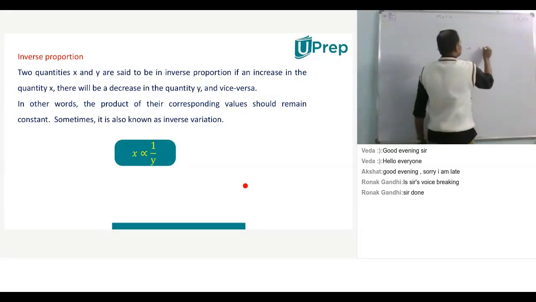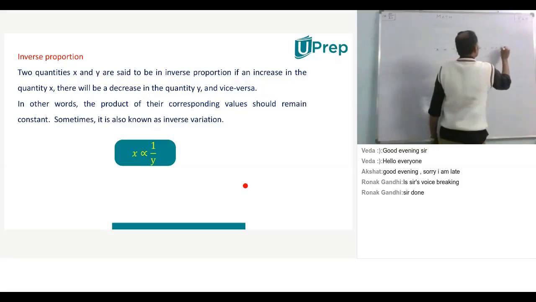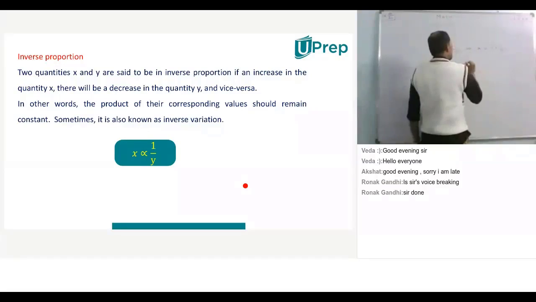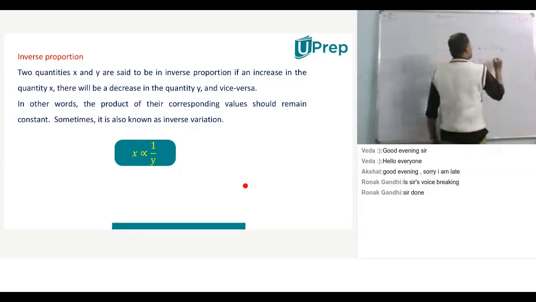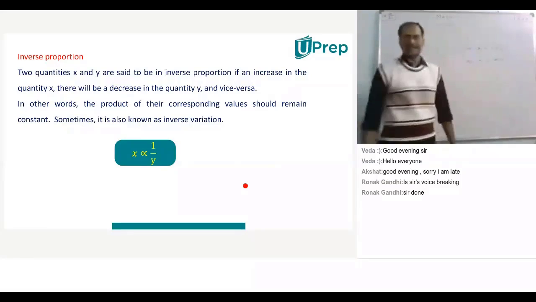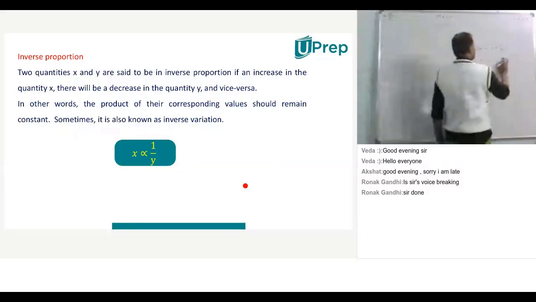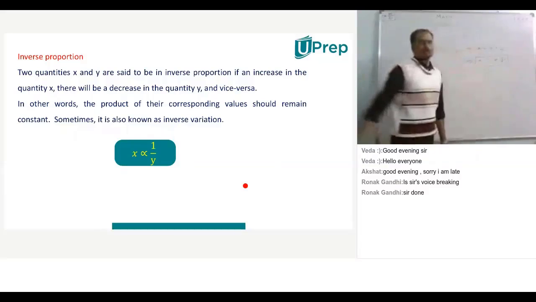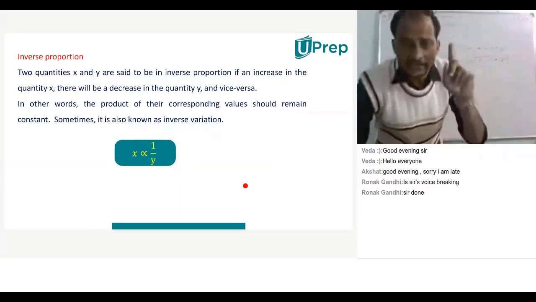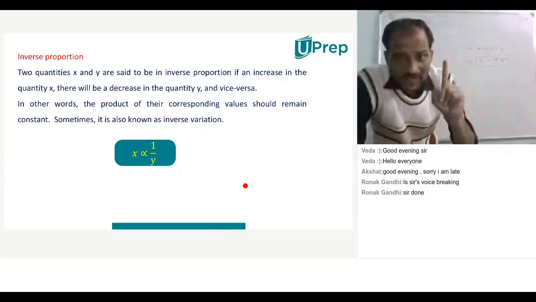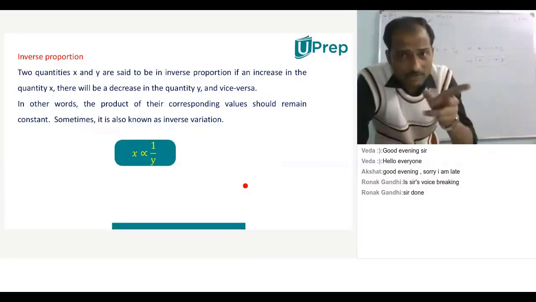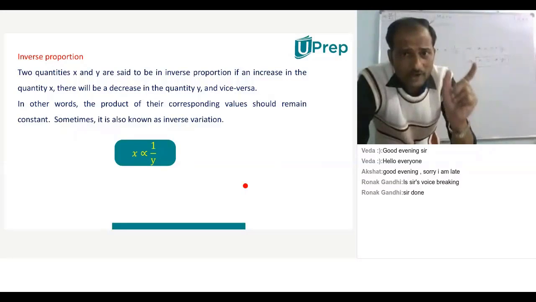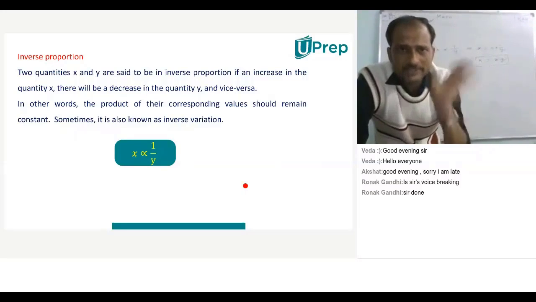So X is equal to K into 1 upon Y, where K is the proportionality constant, and the value of K is the product of two quantities, X into Y. So basically, my dear children, if the proportionality constant is the product of two quantities, then the quantities are in indirect proportion.